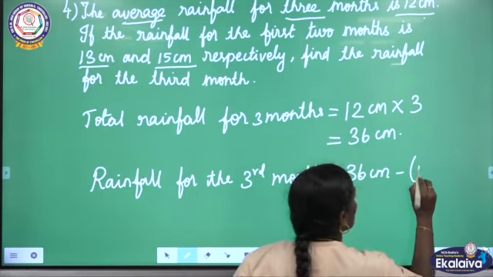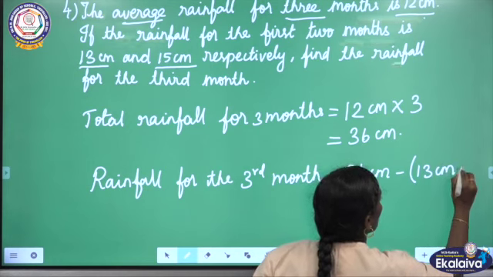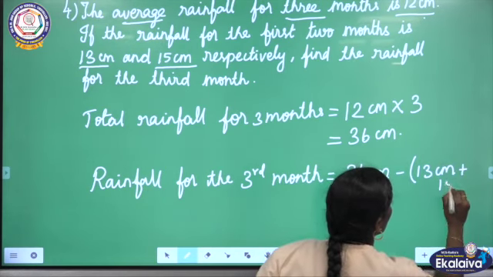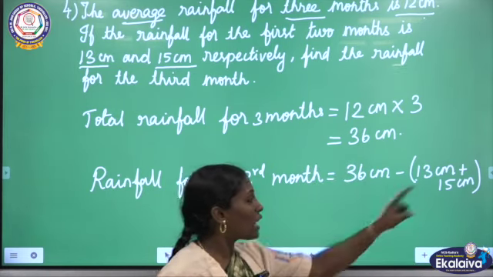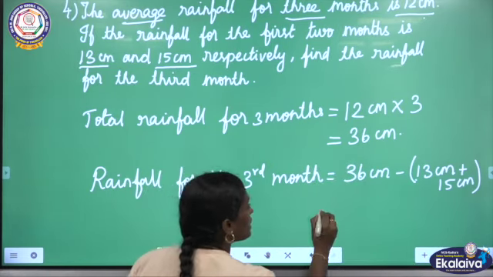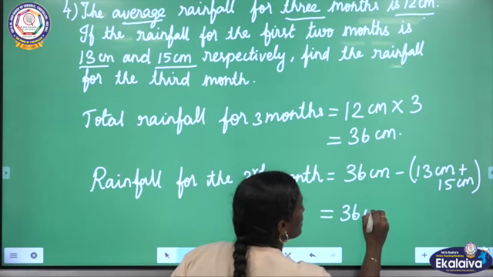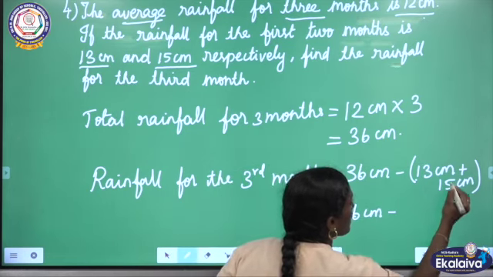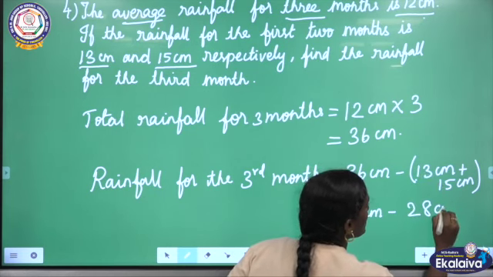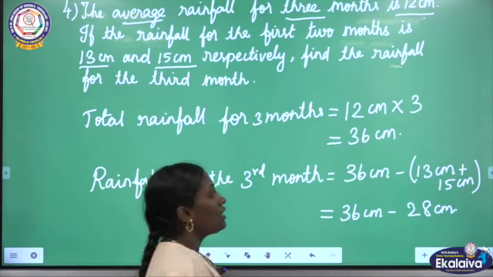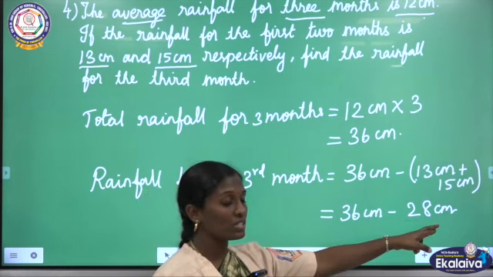So, that is 13 centimeter plus 15 centimeter. First we have to add these two. Here 5 plus 3, 8. 1 plus 1, 2. 28 centimeter. This is the rainfall for the first 2 months alone.